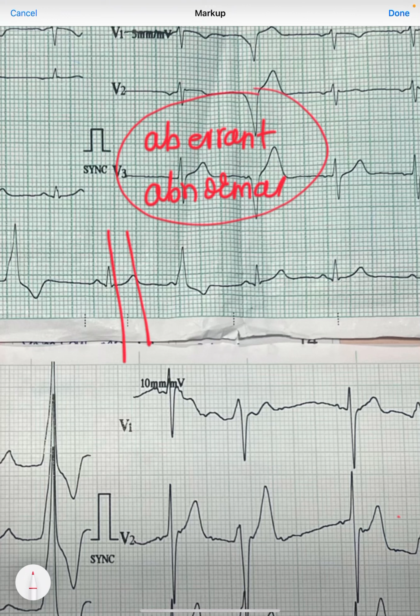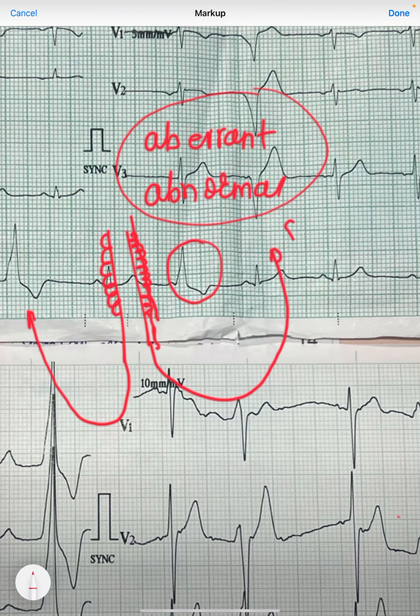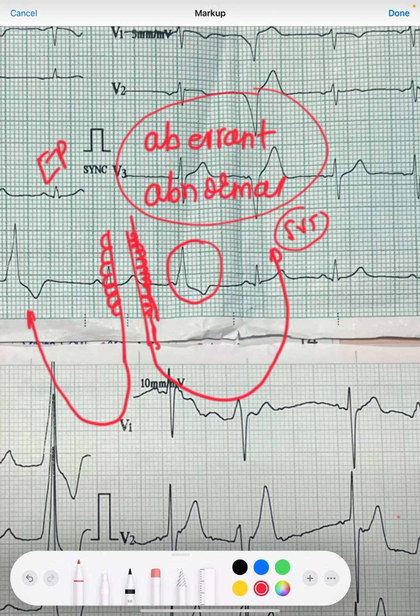So if this is the normal pathway supplying LV, supplying RV, you have an abnormal or aberrant pathway present along this bundle of His or the Purkinje fibers, which usually causes sudden release of these abnormal impulses, and then the patient presents with SVTs.